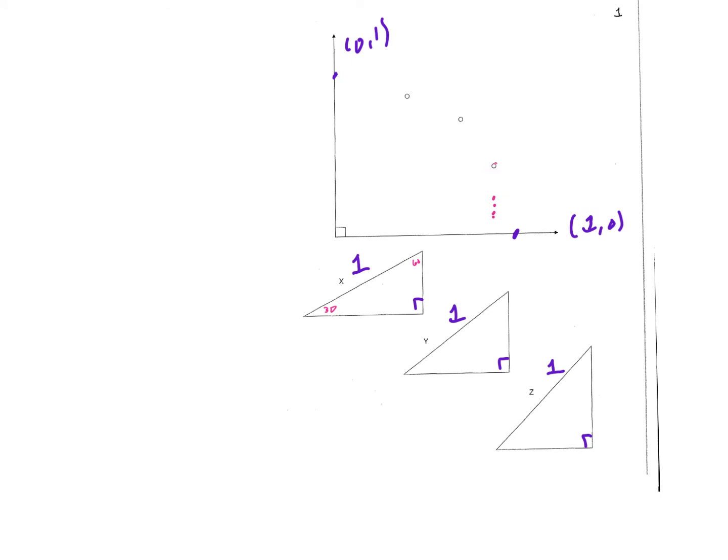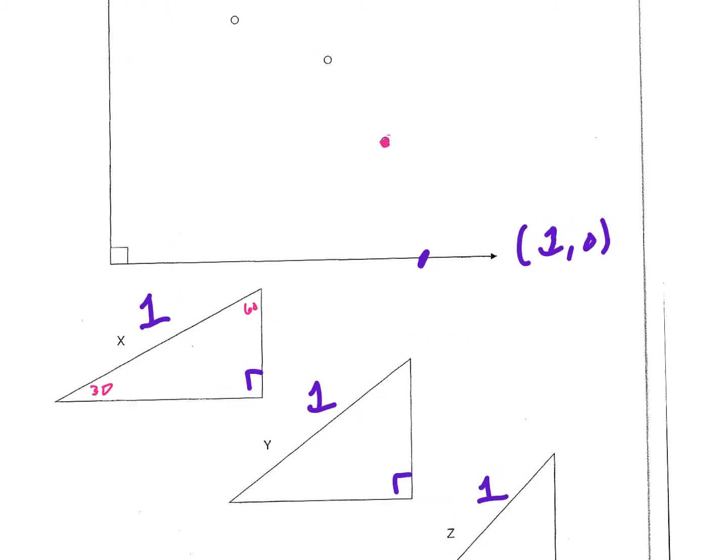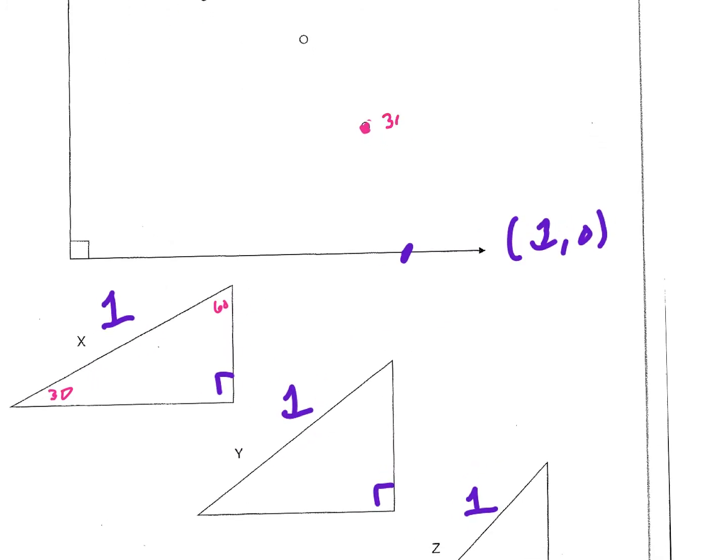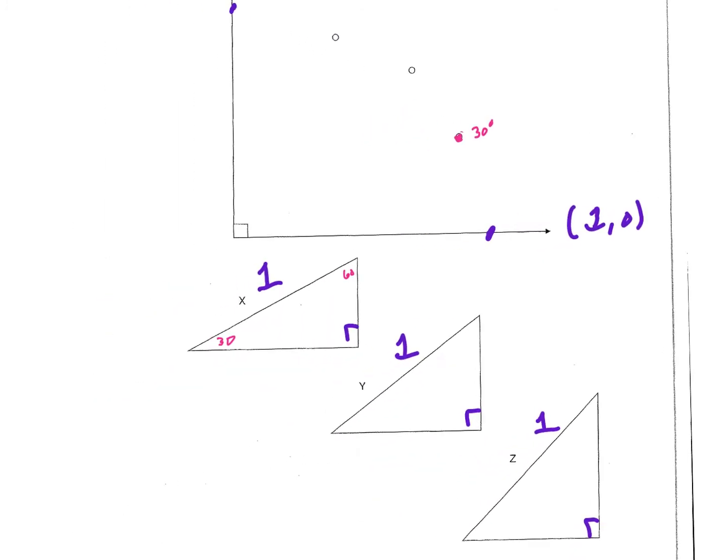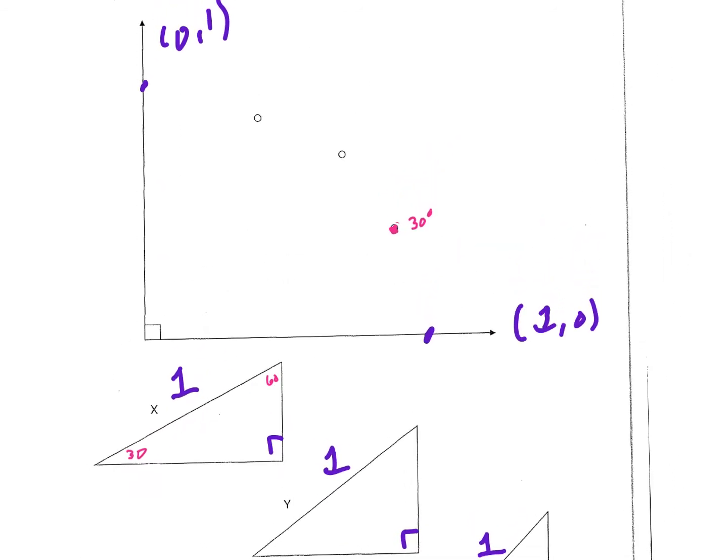So I want you to think about the fact that we know this particular point there is at 30 degrees, if we've transposed this triangle and slid it up into that position. We also know, and you need to have memorized by now, and if you haven't, you need to start getting it memorized, that 30 degrees is equivalent to pi over 6.